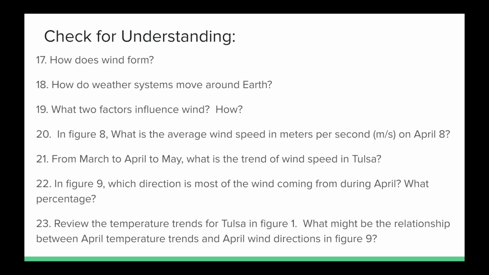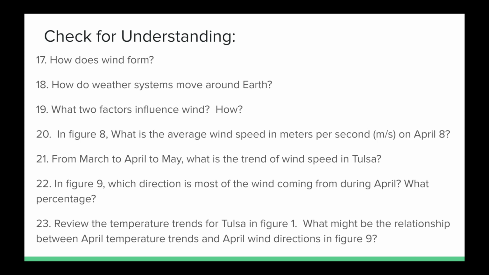Let's check for understanding. 17. How does wind form? 18. How do weather systems move around Earth? 19. What 2 factors influence wind? How? 20. In Figure 8, what is the average wind speed in meters per second on April 8th? 21.